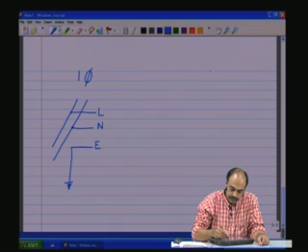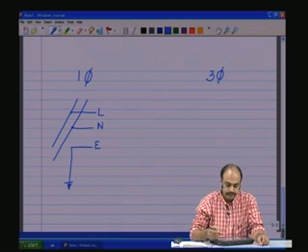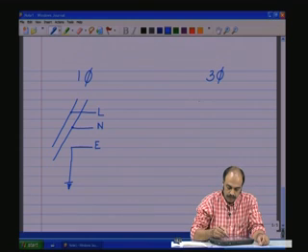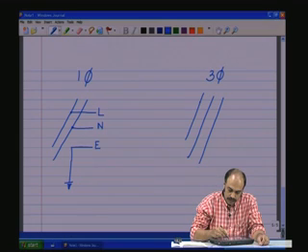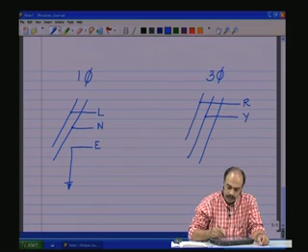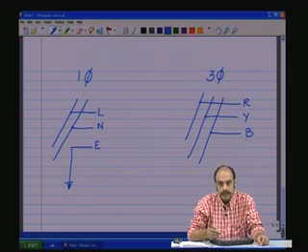In the case of 3 phase sources, you have 3 lines. This is called R, Y, and the third one is called B. R, Y, B are the 3 phases.